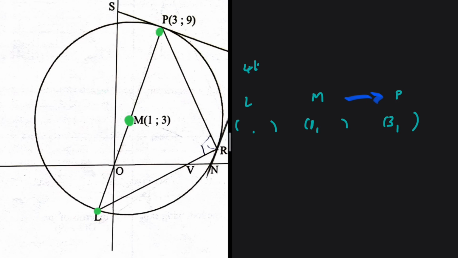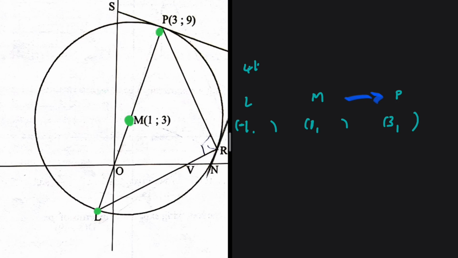So if the x coordinate of M is 1 and that of P is 3, the difference is 2. That should be easy to see. The same should be true for the distance from L to M. So here we must have minus 1, right? Because from minus 1 to 1 is 2 units. From 1 to 3 is 2 units.